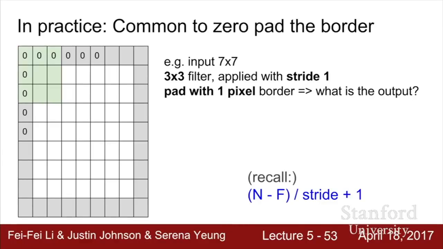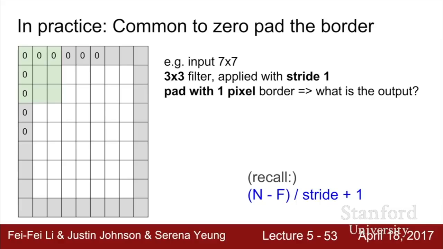So remember we have this formula that we had before. If we plug in n is equal to 7, f is equal to 3, and our stride is equal to 1, 7 minus 3 is 4, divided by 1, plus 1 is 5. And so this is what we had before.